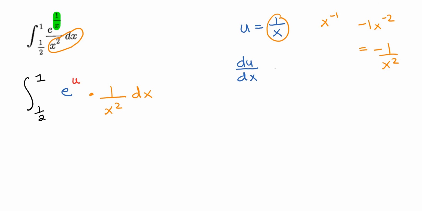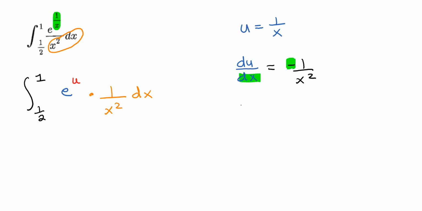So my derivative is going to be equal to negative 1 over x squared. Okay, and from there on, I can take my dx and this minus sign, and let's go ahead and interchange those two pieces. So that will be negative du equals 1 over x squared, and the dx would just go over there, and I will multiply with the dx there.